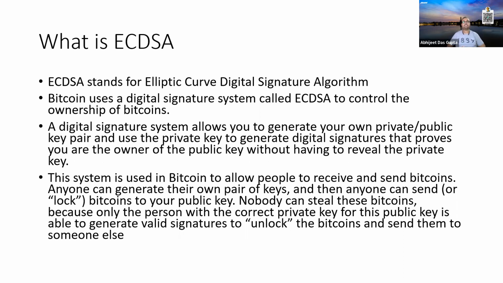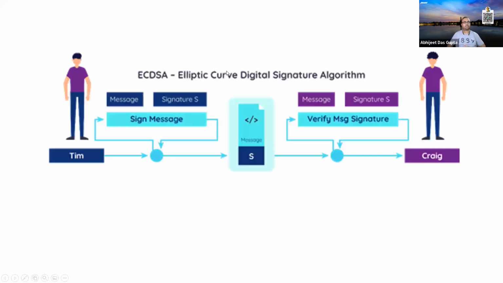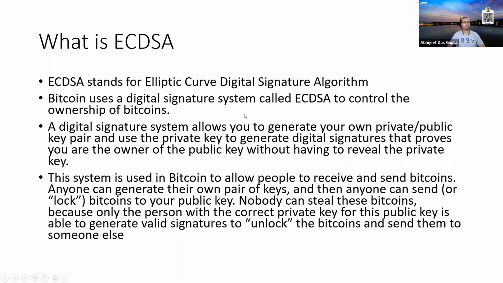So when a transaction happens, it is something which is sent to a person. And how do we know that the transaction has been sent by a valid user, or whether it's a valid transaction or not? That's where this elliptic curve digital signature algorithm comes in.